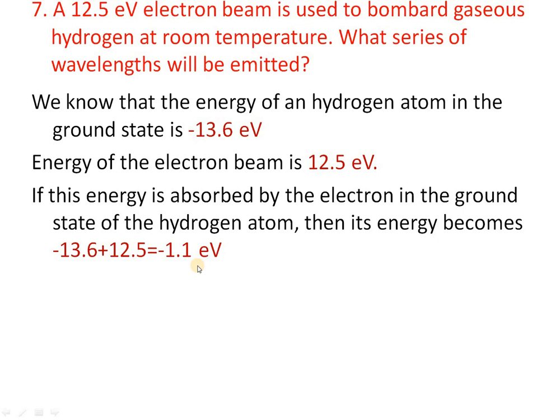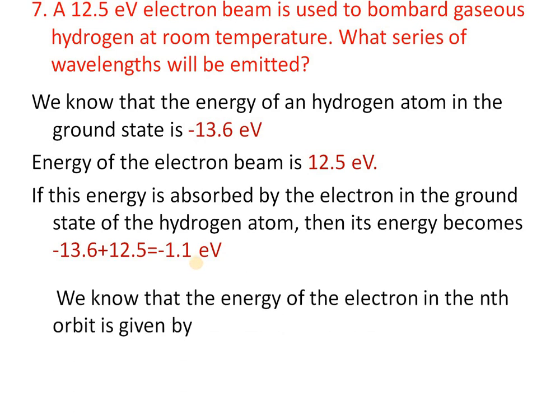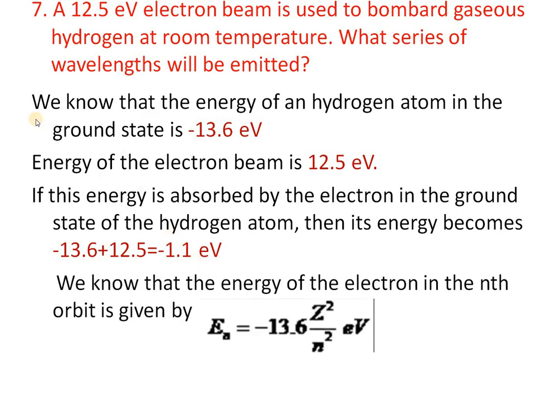Now definitely the electron will be in some excited state. We have to calculate the value of n, that is the principal quantum number of the excited state. Already we know the formula for the energy of the electron in the nth orbit. It is given by En is equal to minus 13.6 Z square by n square.